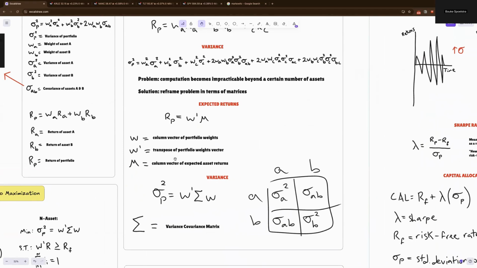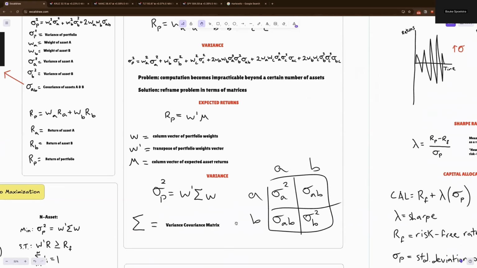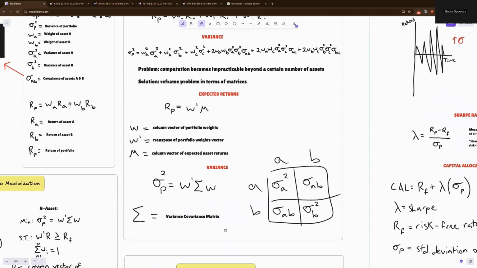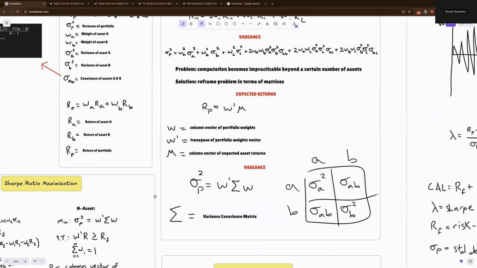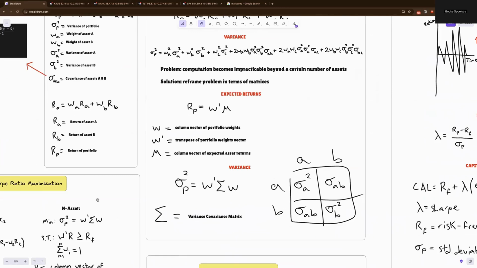So this way we could just take the inverse of the variance covariance matrix, and then multiply it by either a vector of ones or the excess return matrix to find the unnormalized optimal weights.